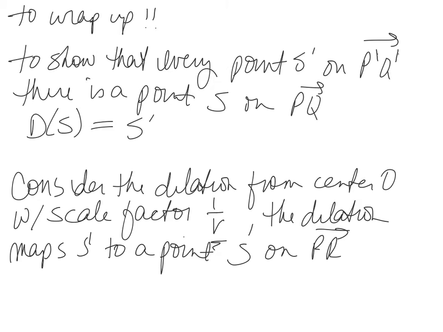Okay, we just went backwards. So by the same reasoning as above, the dilation of S equals S prime. And if it's 1 over R, where your scale factor is between 0 and 1, then it's going to go from S prime to S. Okay, and I think that is a pretty good conclusion.